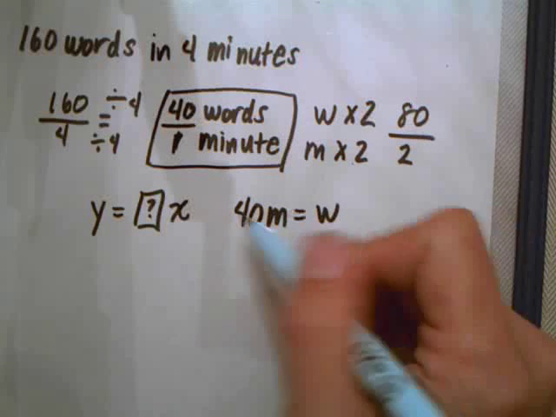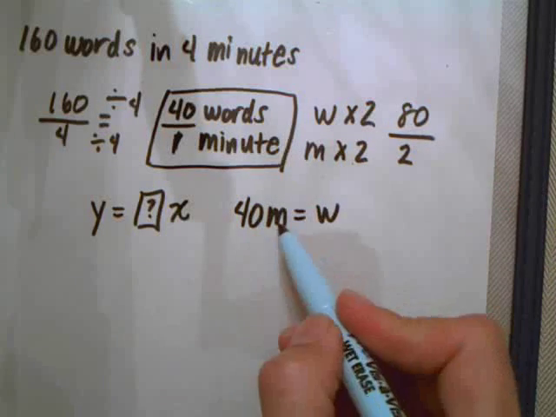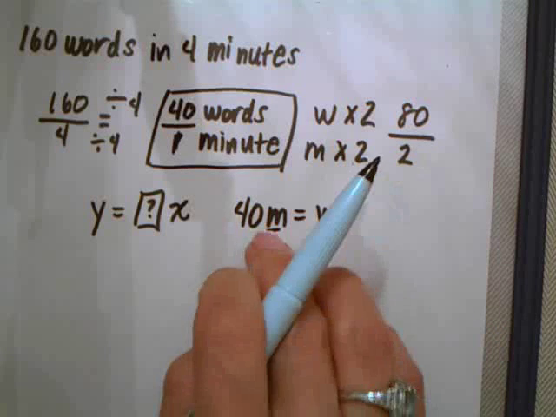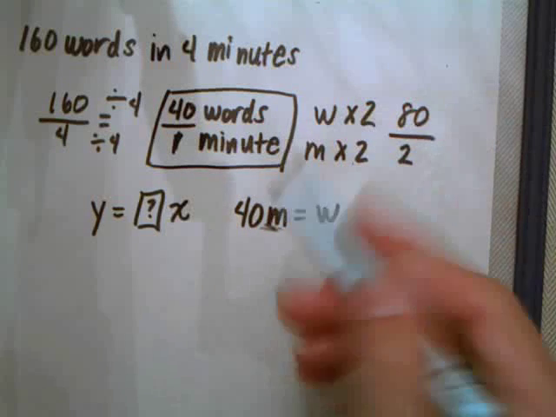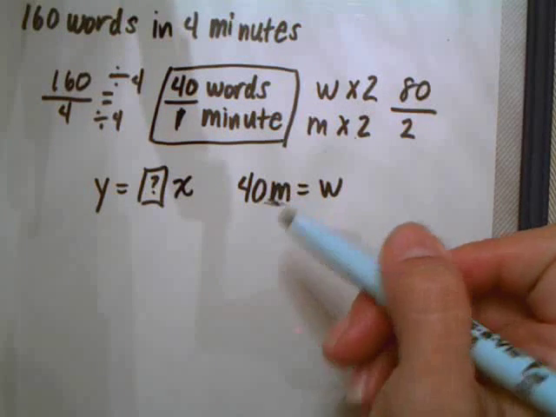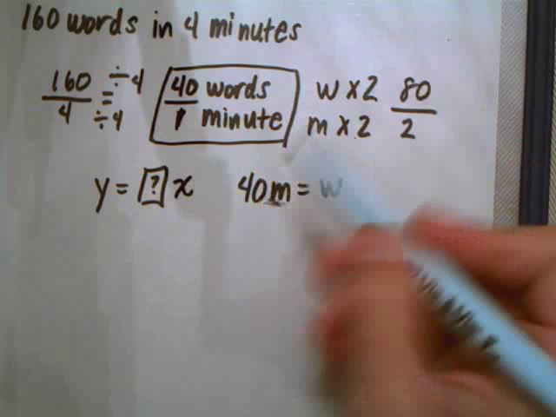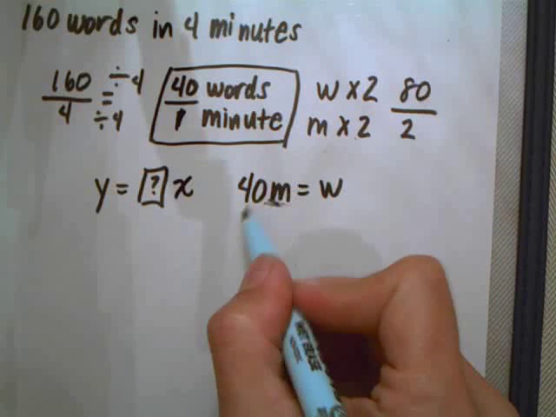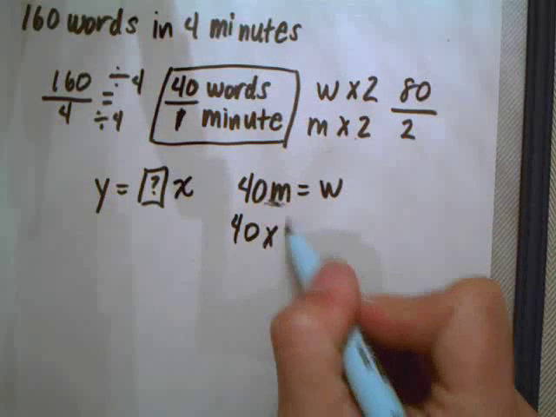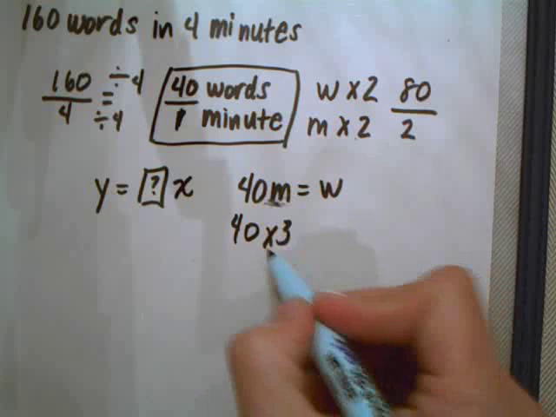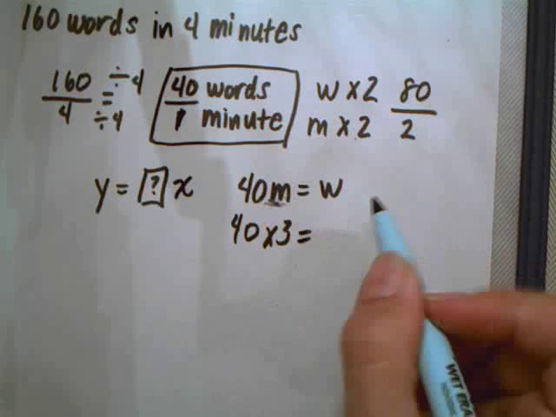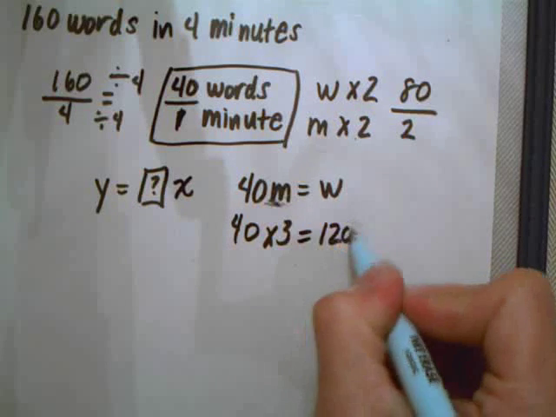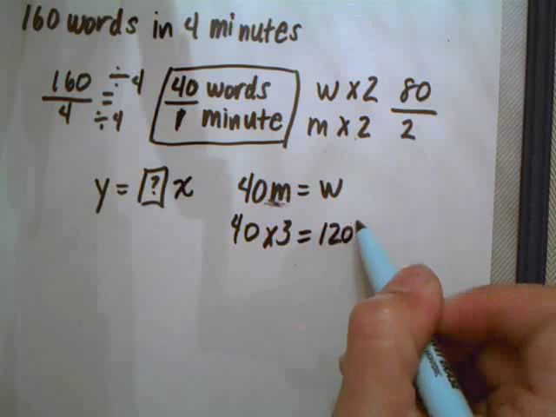Now, does that make sense? I don't know. Let's figure it out. Let's just say this minutes, we're going to take this out and substitute any other number. It doesn't matter. Let's just say it's going to be 3. Okay? So if I get 40 times the minutes, we'll just use this as an example, 40 times 3, is that going to equal 120 words?